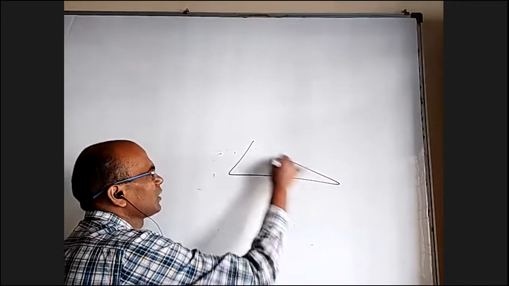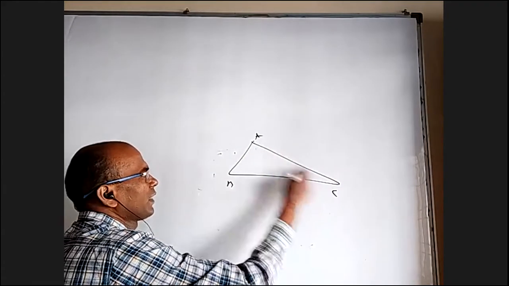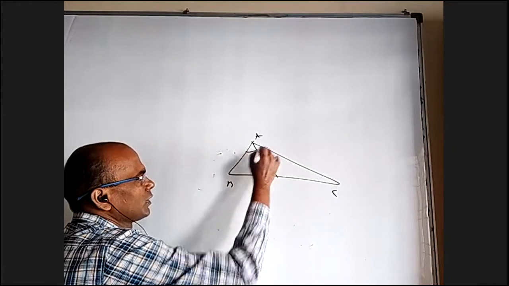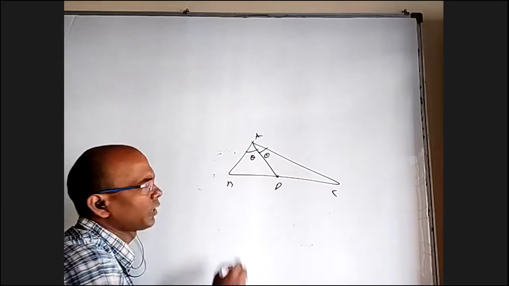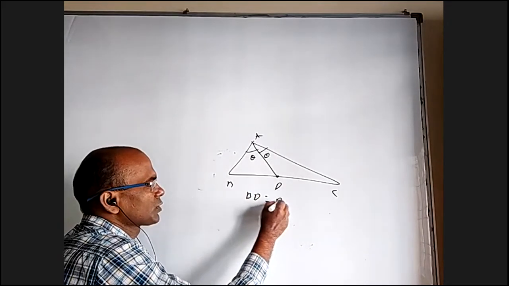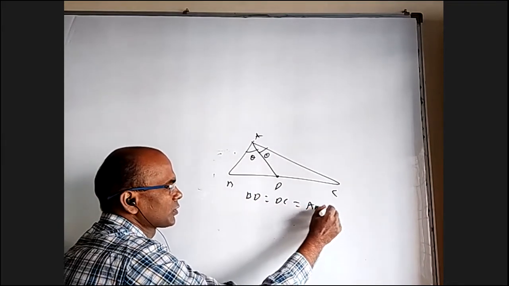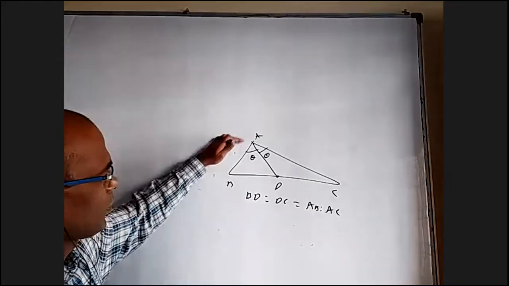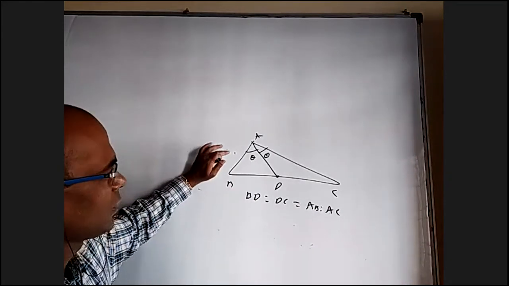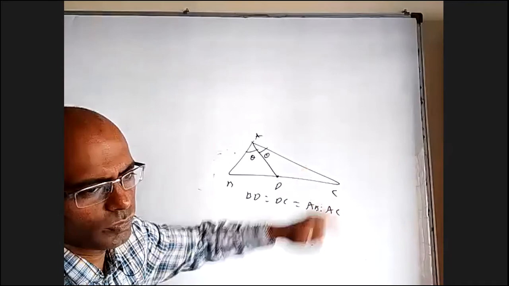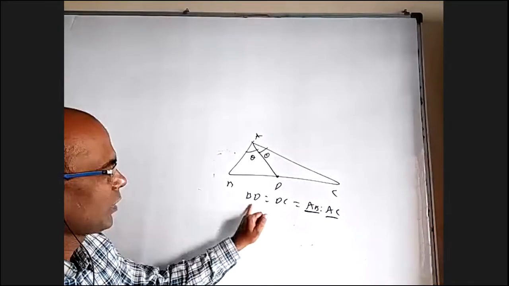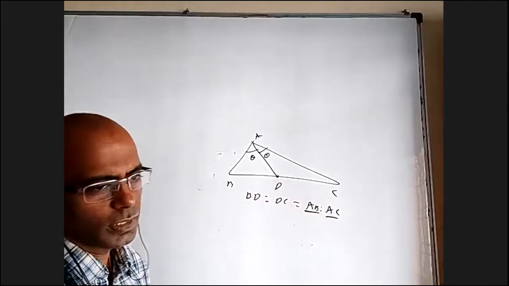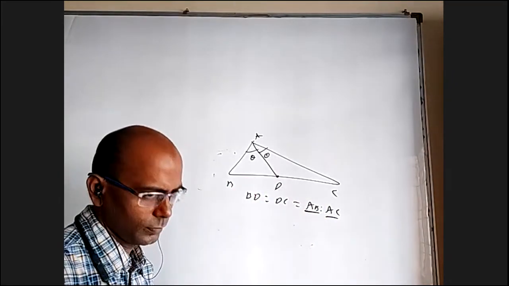In a triangle ABC, if the angular bisector makes these two angles equal and meets the opposite side at D, it need not be the midpoint, but we know BD is to DC is equal to AB is to AC. So here you find AB bar and then its magnitude will give AB length. Find AC bar and then its magnitude will give AC length. So you will know this number and this number. Then apply section formula in this ratio for B and C. You will get the position vector of D.